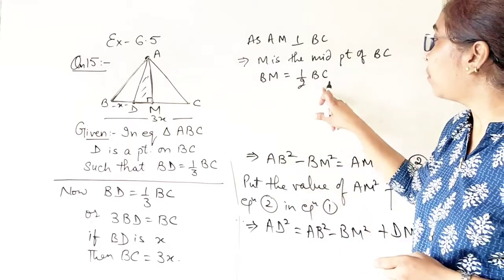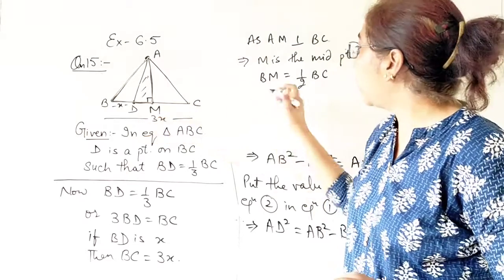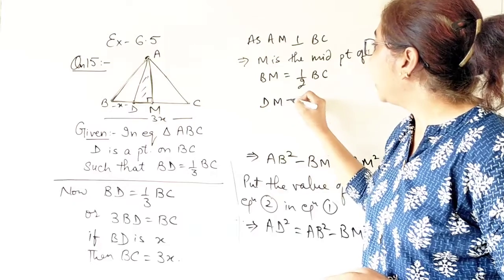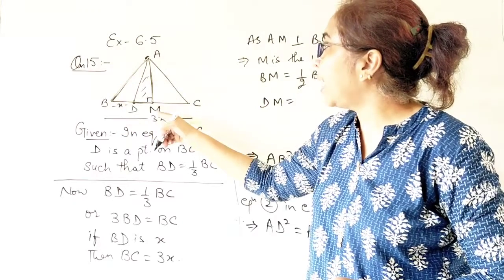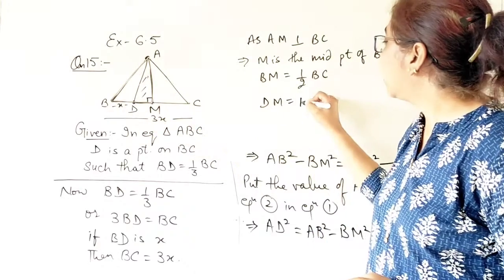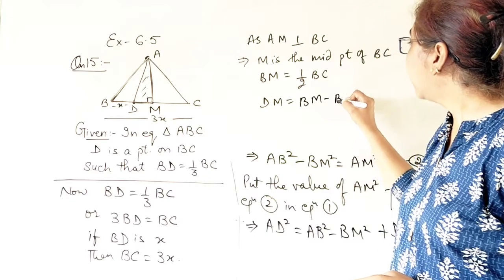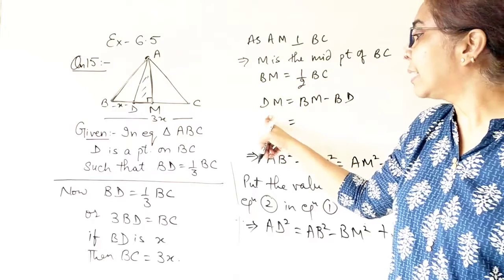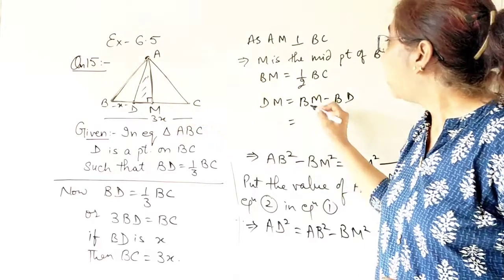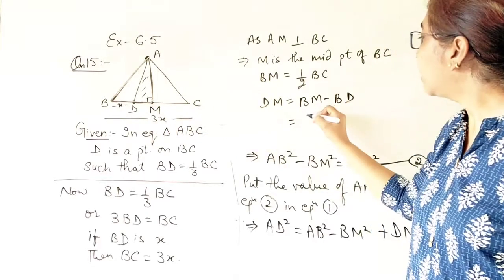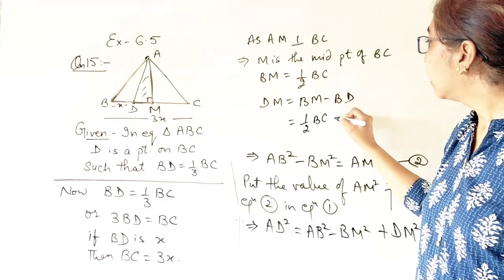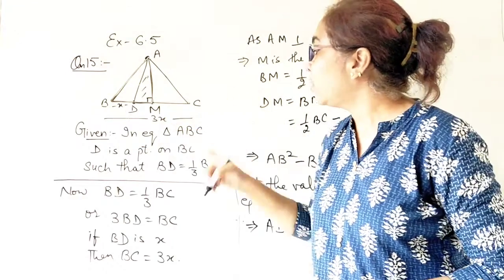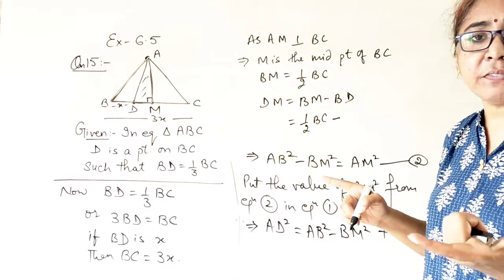Now BM is half of BC and DM I can write, DM I will get from BM minus BD. This is BM minus BD. Now BM is half of BC and BD is 1/3 of BC. We already have this, this is given.